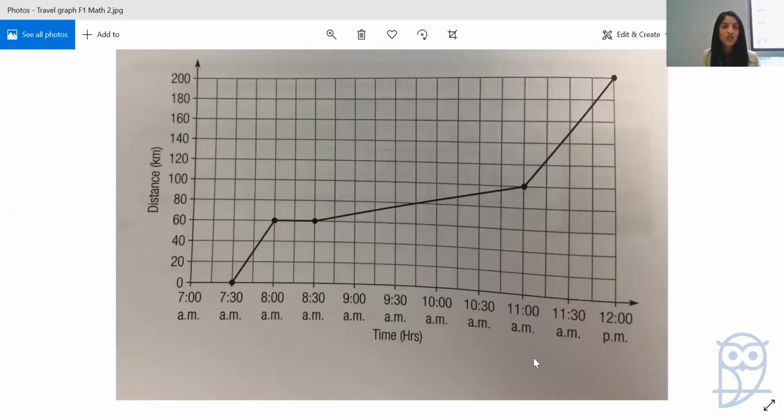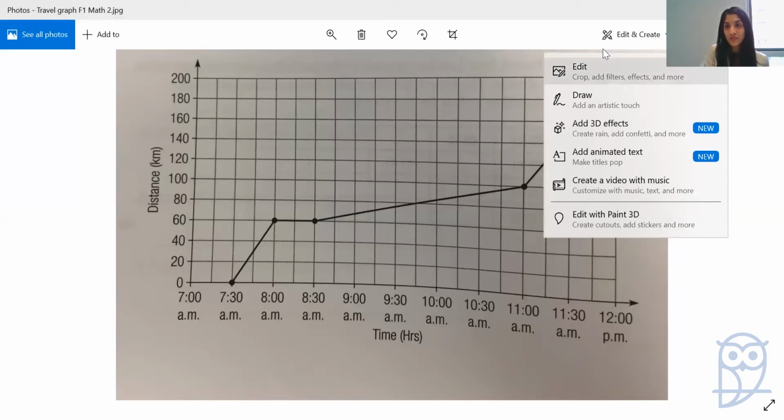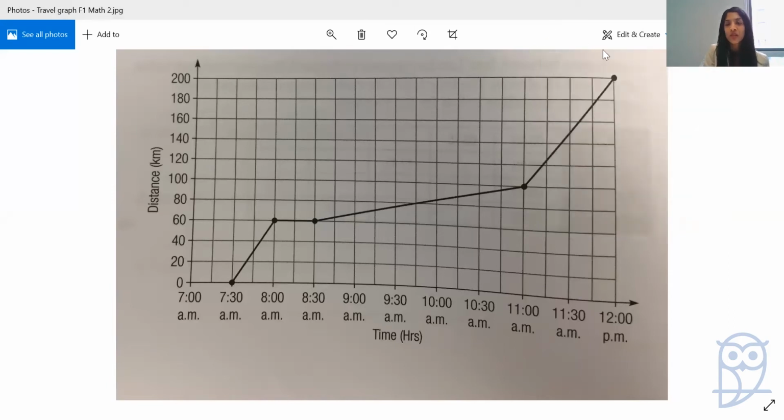If you can look at this graph for me momentarily, it shows distance and time, and now we're going to answer some questions based on this particular drawing. So I'm going to remove this drawing so I can work out on this board. If you're following with me, I'm on page 50. The first question asked on this travel graph is, what time did the family set out?